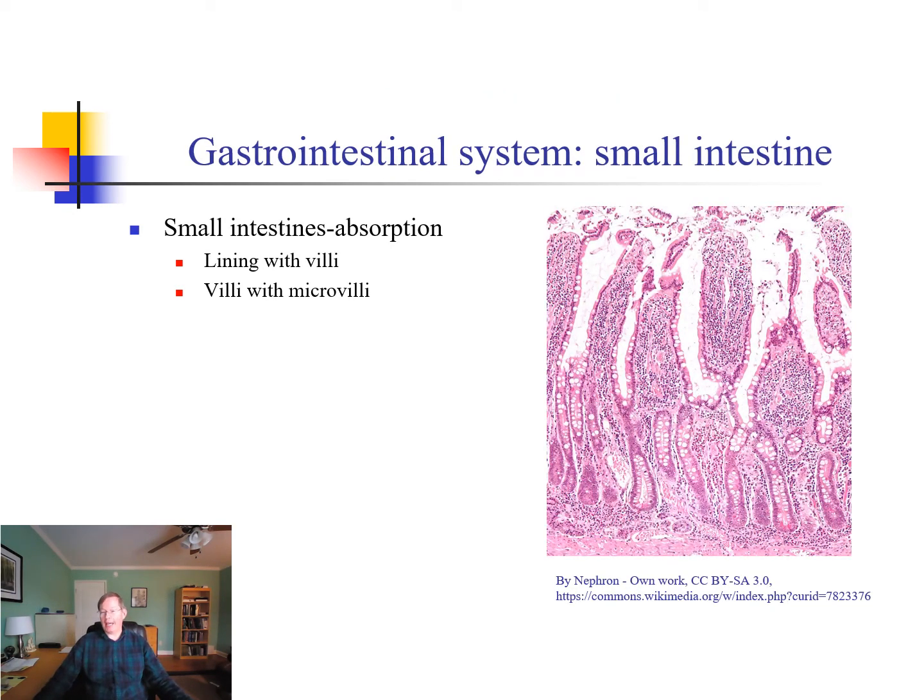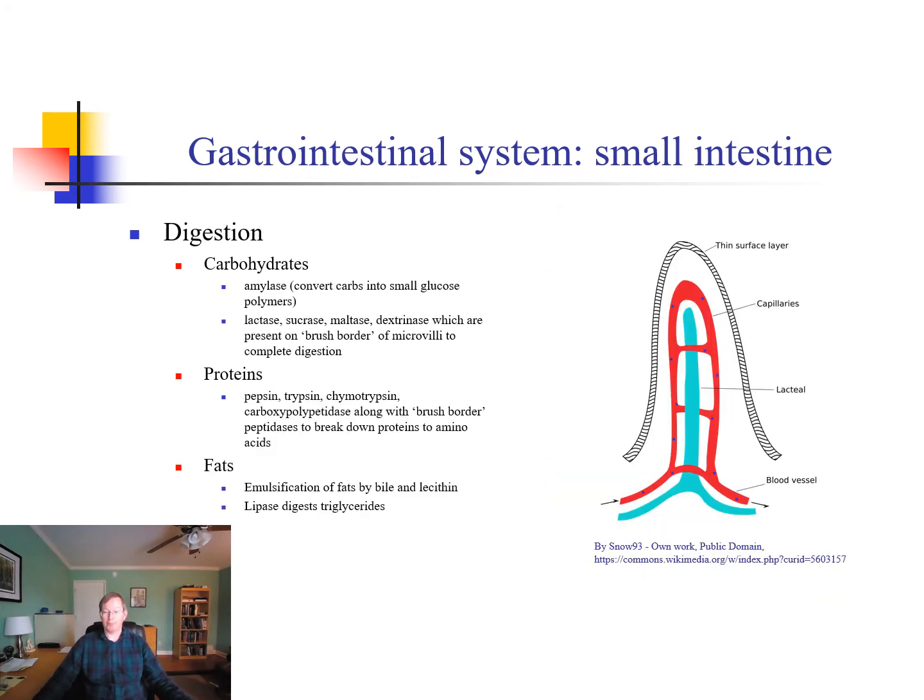If I look at a light micrograph of the jejunum, or the small intestine, or the ileum, I find these crypts going down here. And I have several different cells that line these projective villi, and then the villi having little microvilli that are on a microscopic scale here.